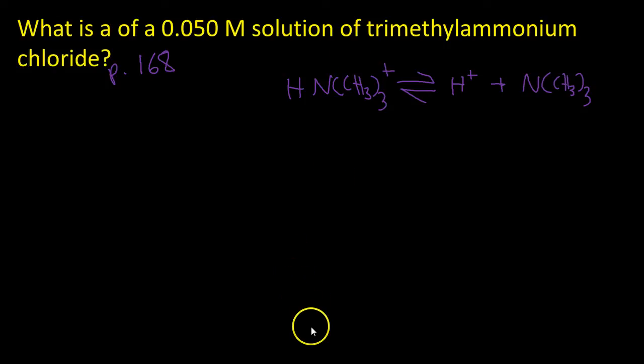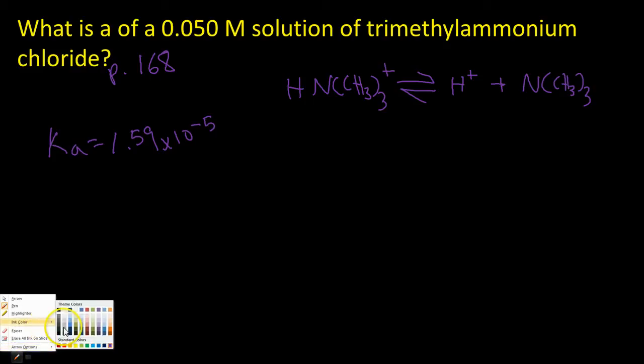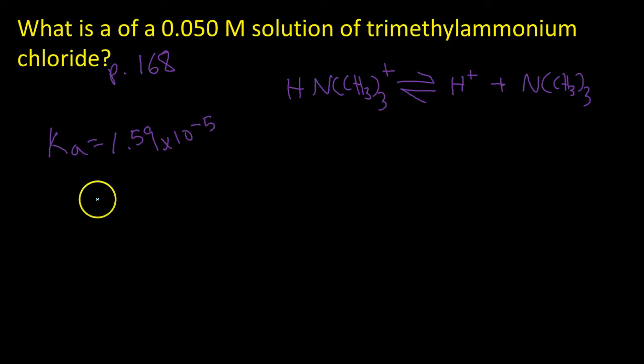And so if we want to figure out the fraction associated with this, what we use is our Ka, and you see this is in your textbook. Ka equals 1.59 times 10 to the minus 5. All right, and then knowing that, we can use our equilibrium expression.